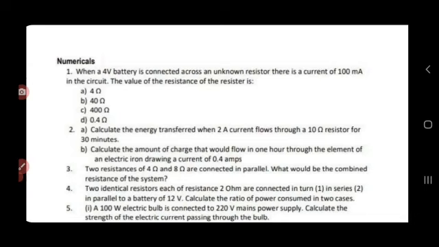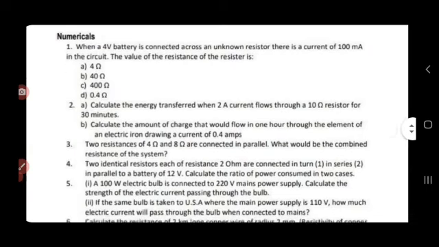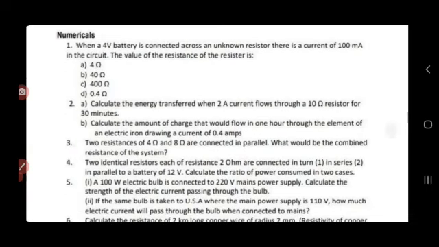You have to convert it into ampere first. That means 100 into 10 to the power minus 3 ampere. So its result is 10 to the power minus 1 ampere. This is current.